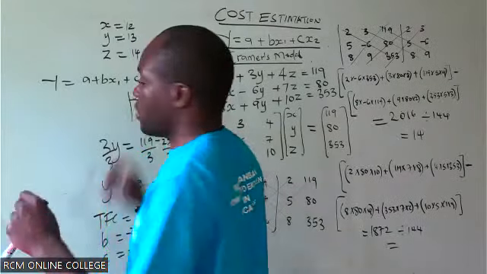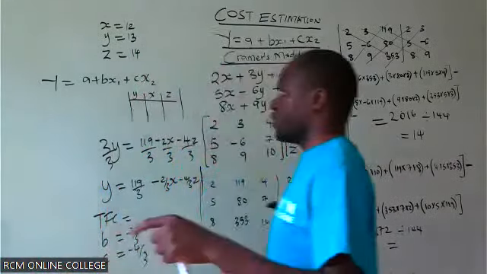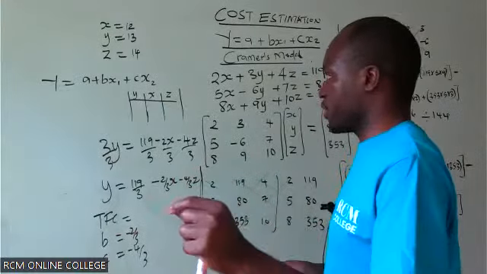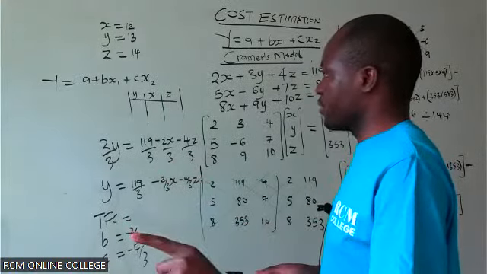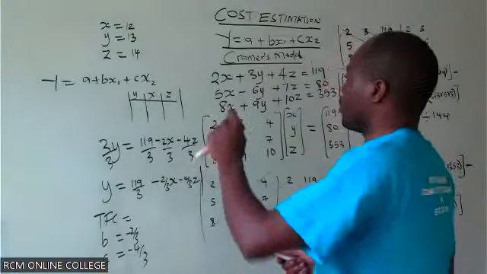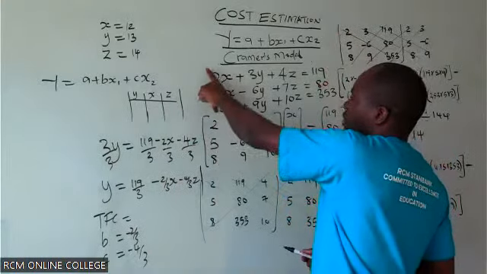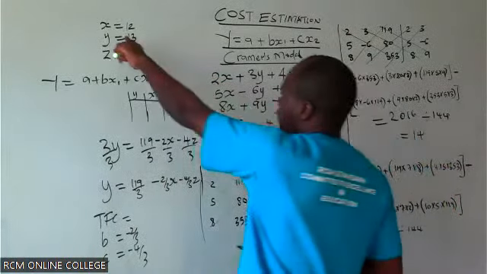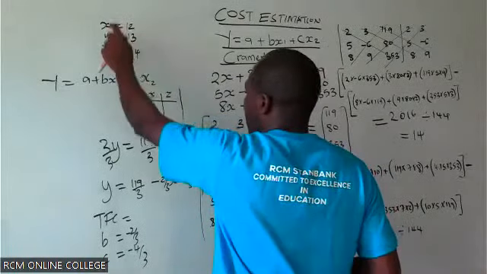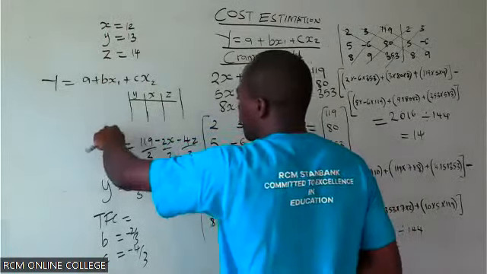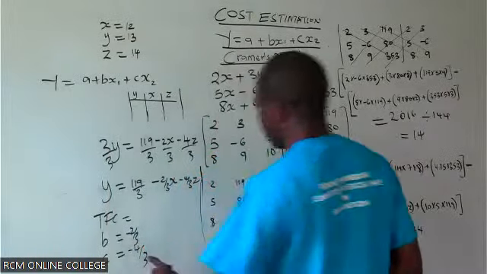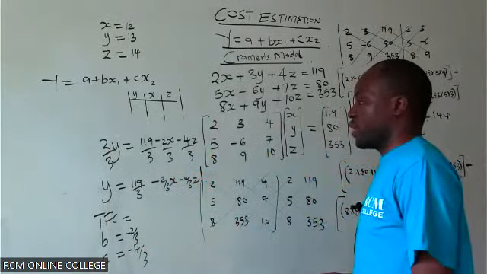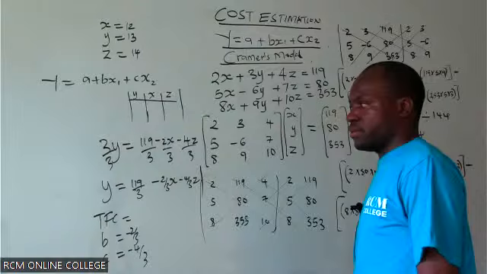Then they tell you to come up with the cost function. That cost function, you're going to get it when you come up with the 3 equations, for you to be able to get the value of x, the value of y, the value of z.